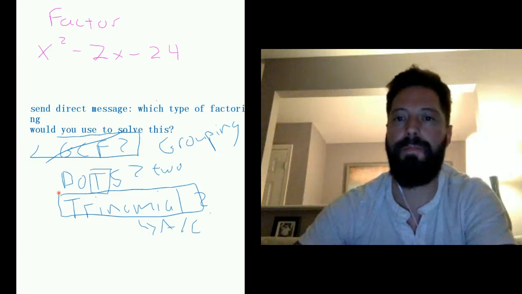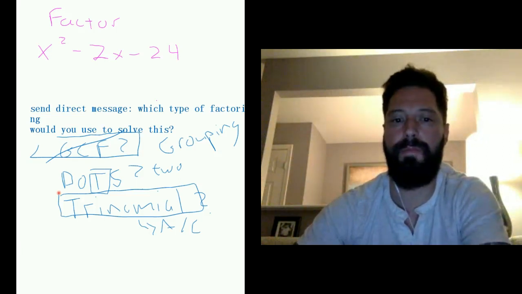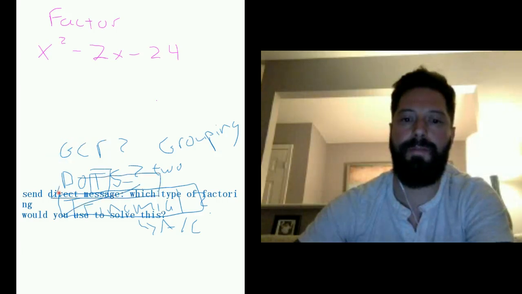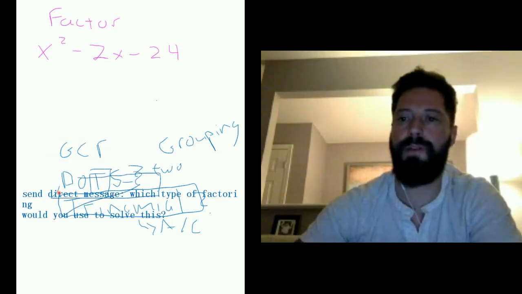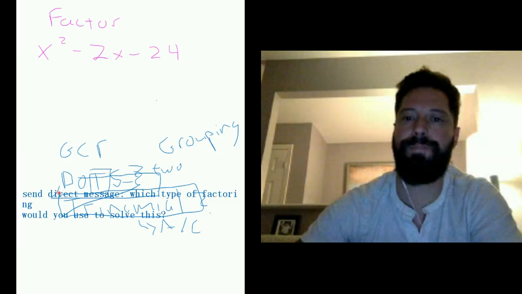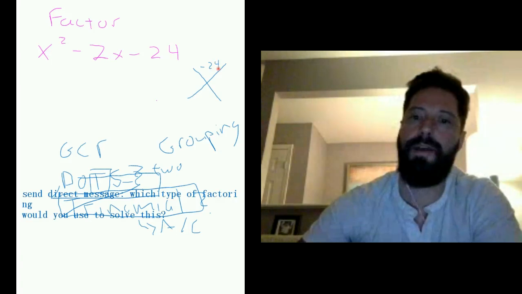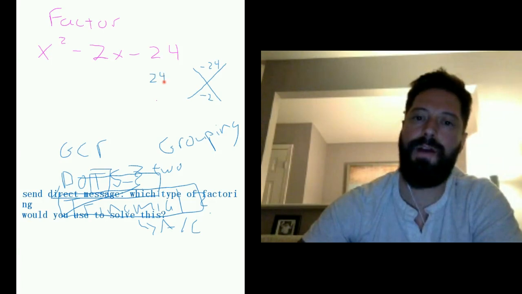Okay, the X game like this. Multiply to negative 24. Add to negative 2. Look at factors of 24. Let's see, we've got 1 and 24. Let's see, 2 and 12. 6 and 4.